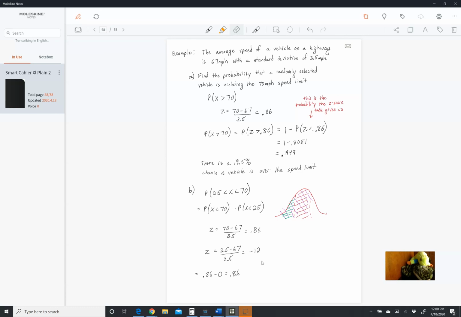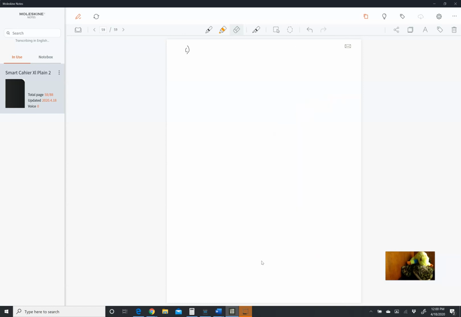Or 0.86. Let's do another one that isn't as crazy. I'll estimate it better. Let's do the probability of 58 to 70. That's not going to give us 0, because there are going to be cars going at 58 miles per hour.